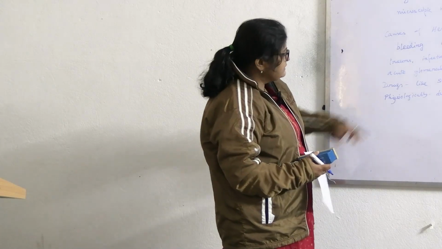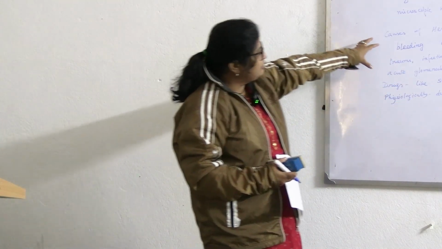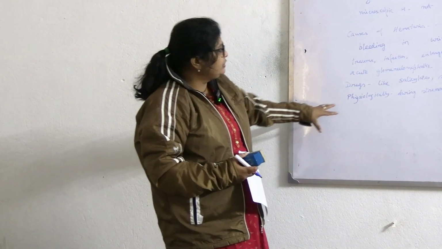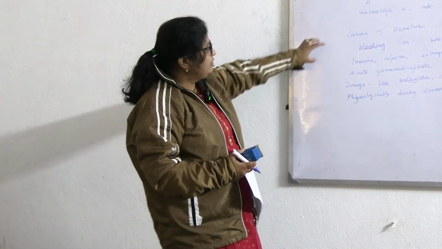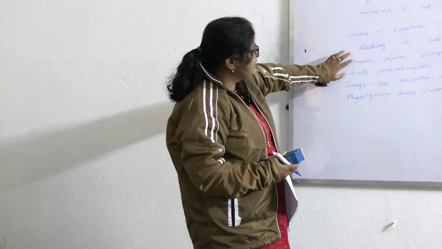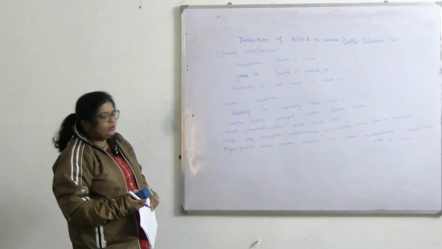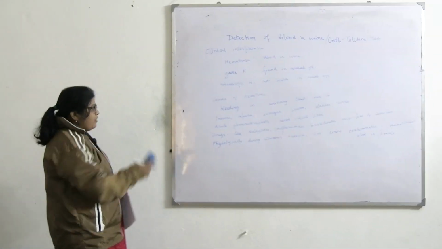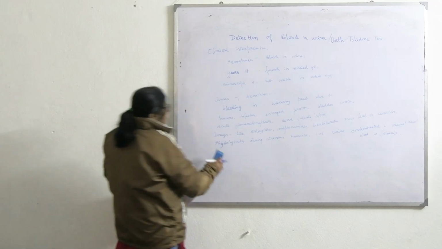Okay, it is the last one. If you are asked what are the causes of hematuria, don't tell this one first. Firstly tell the trauma, bladder CA, prostate CA, enlarged prostate, stones. These are the common causes. Next drugs, next physiological cause.